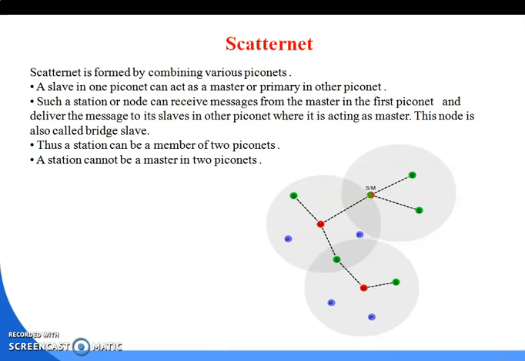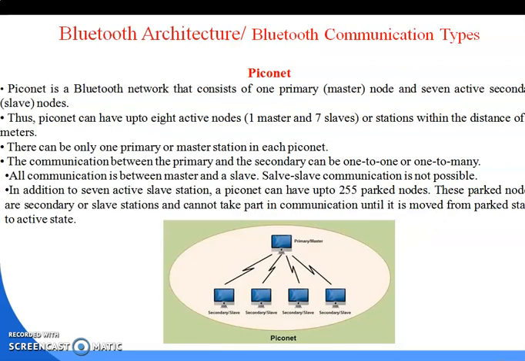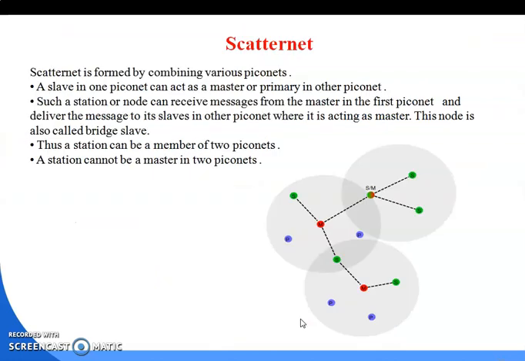So in a Piconet there is a minimum of one master and one slave, right? But in the case of the scatternet, there is a connection between more than one Piconet. These are the Piconets, right?